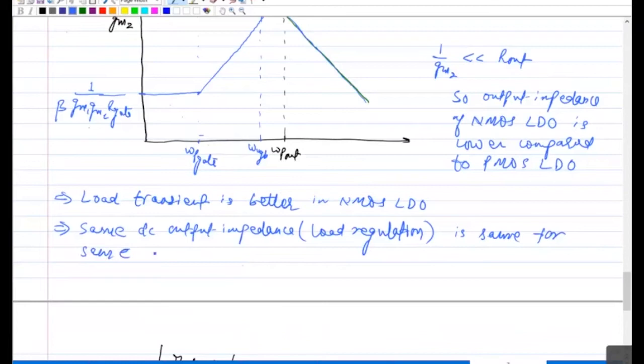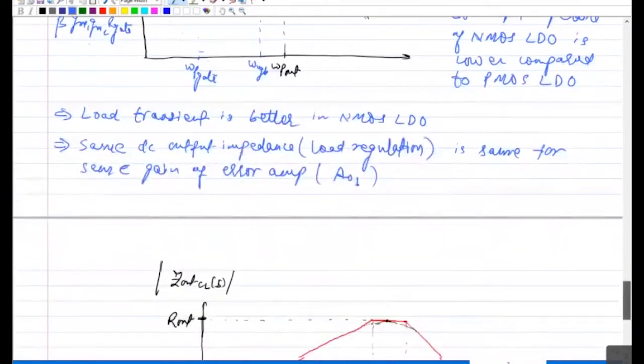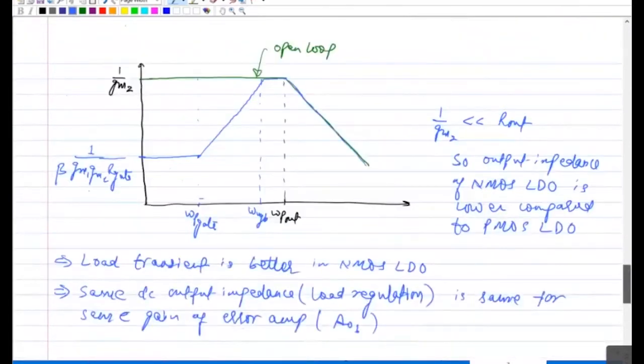But if you look at the high frequency response, your magnitude looks smaller. So you can say that obviously your line transient and load transient will be better here.